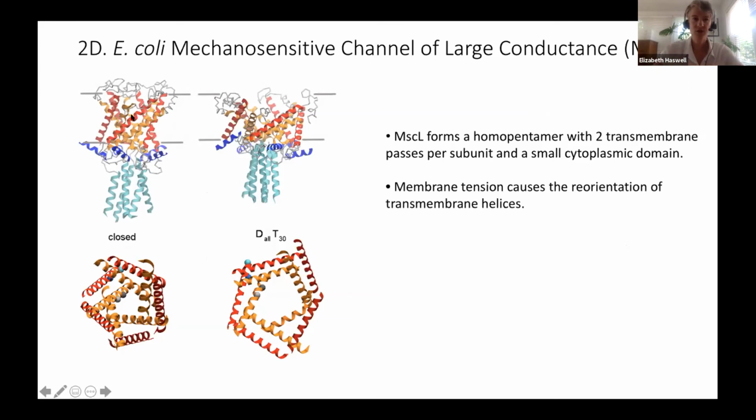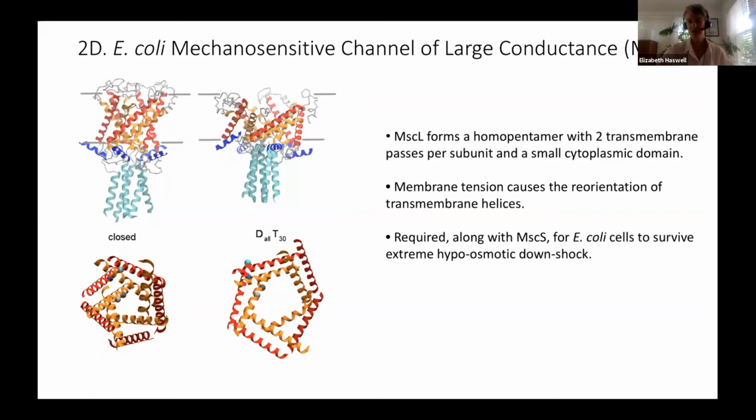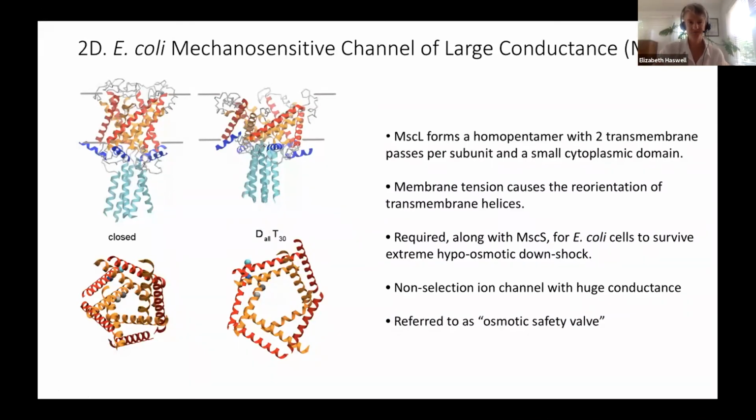If you just focus on this red helix here, you can see how it becomes more in the plane of the membrane as the membrane probably thins. So this is an interesting channel. It's a non-selective ion channel with a really big conductance, and is very well studied at the structural level.